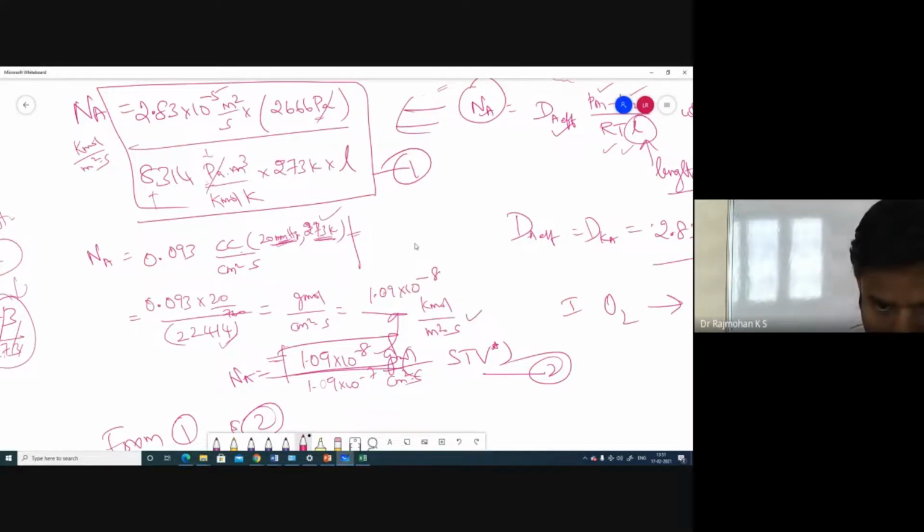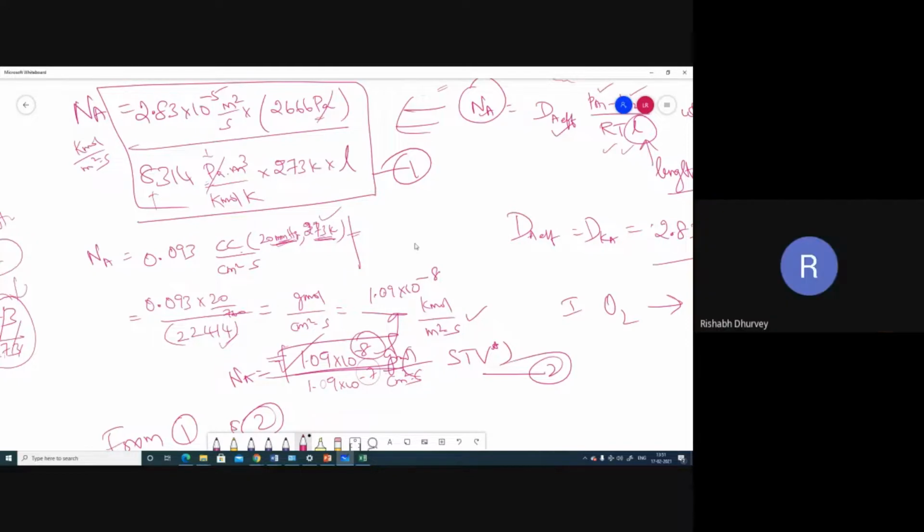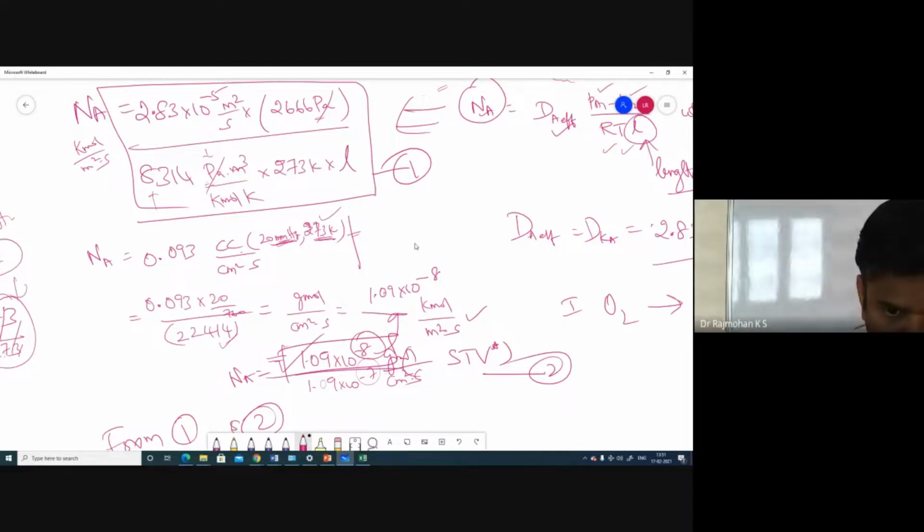So here two values are there. Which one is correct in these two? Minus 8 is correct? Then it should become minus 7. Minus 7 is the only correct one. I was wrong. So finally the final value should be in minus 7, right?